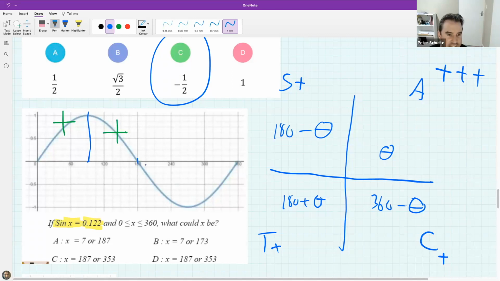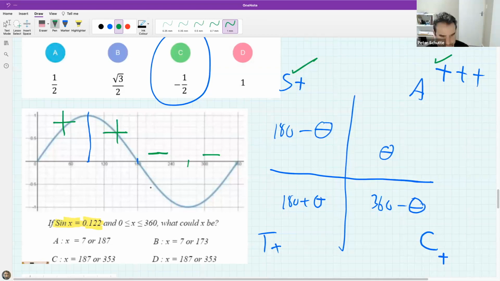And then when it goes past 180, you'll notice that it's negative. So it goes to 270 over there, so it's negative, and then it's negative over here. And this is what the CAST diagram says. It says everything is positive and sine is positive here. And then in quadrant 3, sine is negative, and this is negative here.